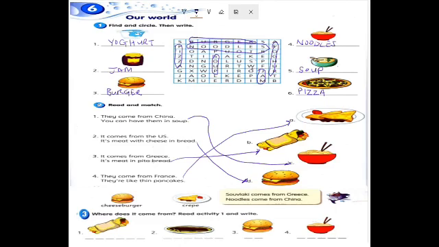Easy, right? Okay, let's try and do activity 3. Where does it come from? Okay, this one is souvlaki. It comes from Greece. So you spell Greece correctly. G-R-E-E-C-E, Greece. Please write nicely because I'm using this computer's pen, so it's a bit difficult.